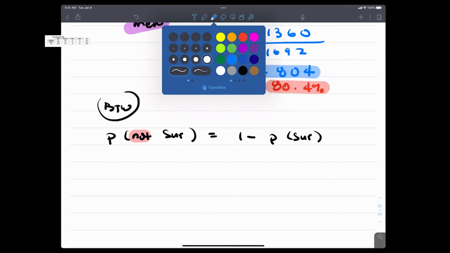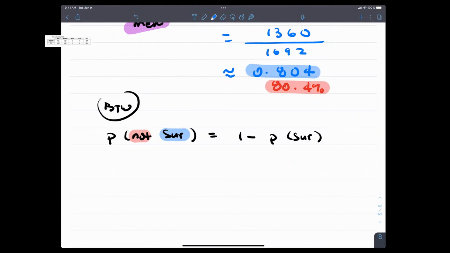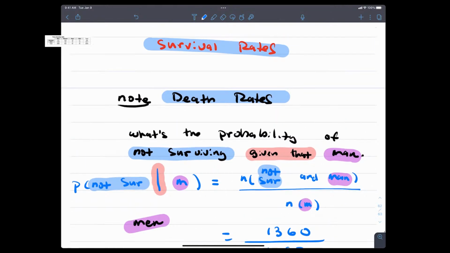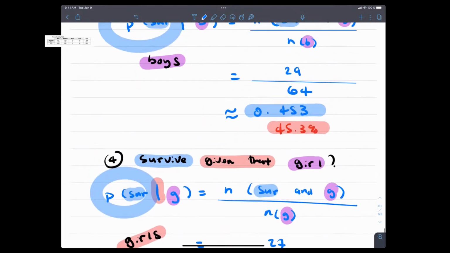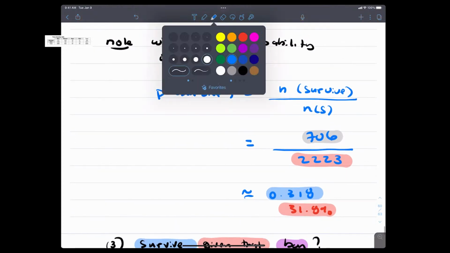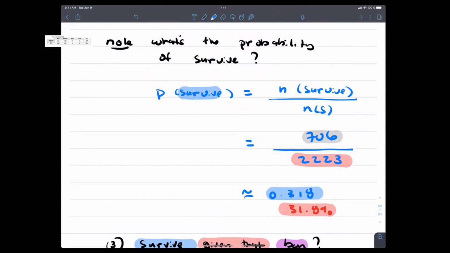Probability of not surviving. Isn't that the complement rule? If I know the probability of surviving, don't I already know that? It's right here. This is the probability of surviving. It's 0.318.